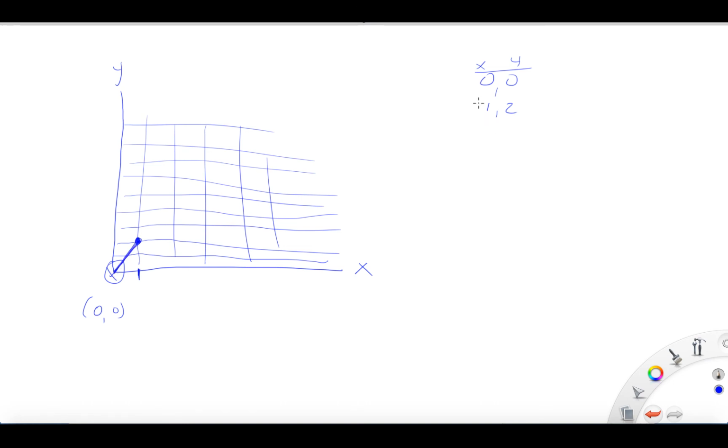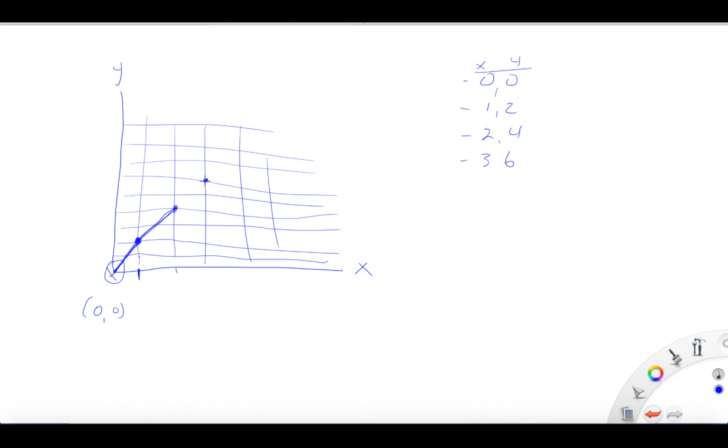Okay, what's the third one? The third one is 2 and 4. So if we went over 1, 2, and went up, there's 2. 1, 2, 3, 4. Look at this. And you're going to notice they're all in line here. So you can anticipate this one, which is going to be 3 and 6.